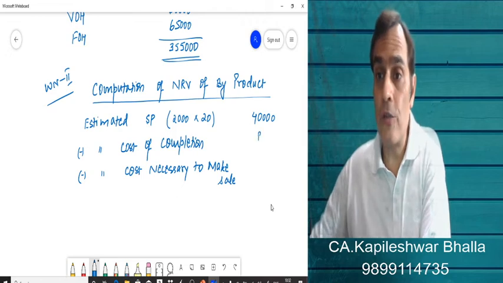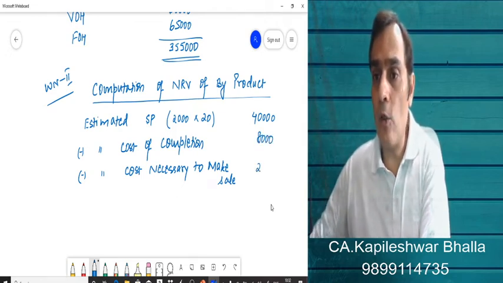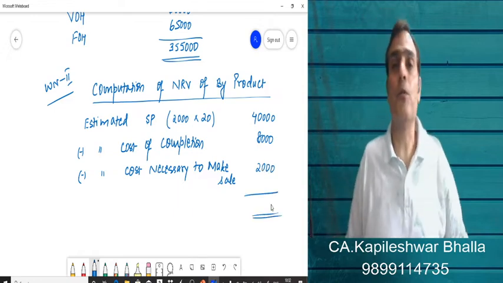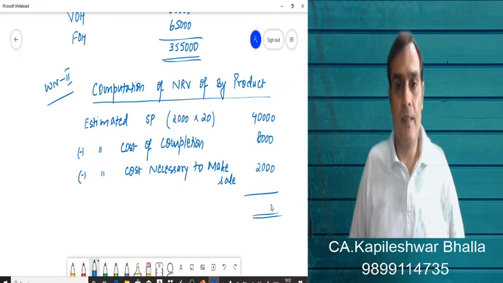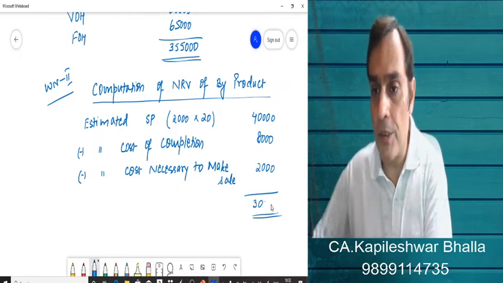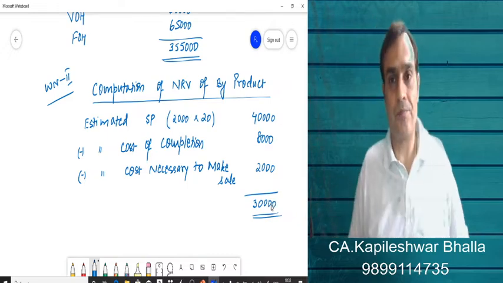The estimated cost of completion is 8,000, and the cost necessary to make the sale, which is the packing cost, is 2,000. So we get a net realizable value of 30,000.